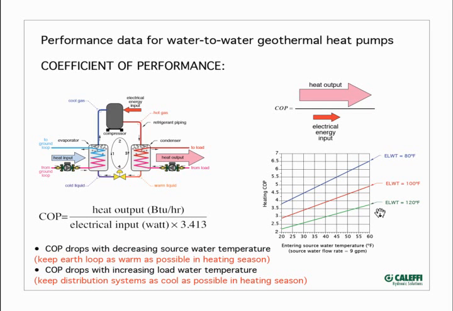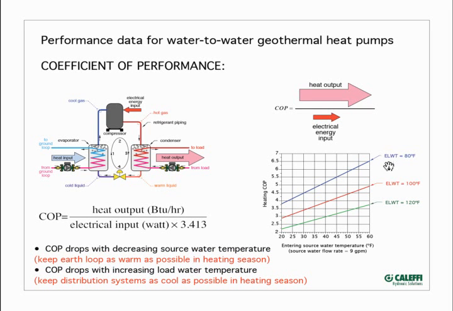Now the graph shows you that the coefficient of performance on a heat pump, just like heating capacity, depends on the source water temperature. As the source gets colder, the COP goes down. So we're losing not only capacity in the heat pump, the BTUs per hour output, but we're also losing on the efficiency. Likewise, anything that you can do to lower the water temperature that the distribution system operates at is going to improve the coefficient of performance.